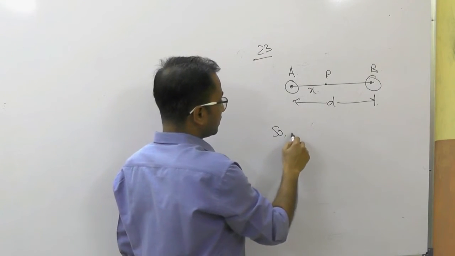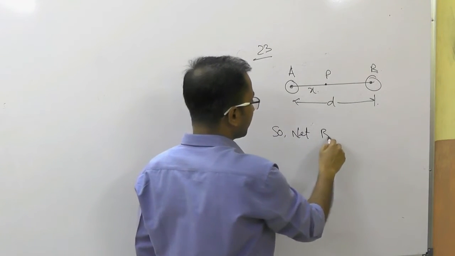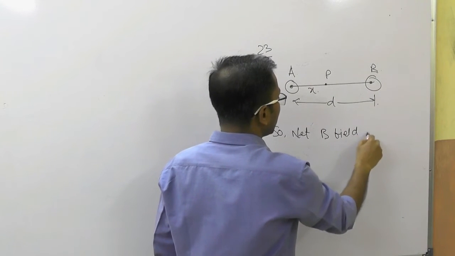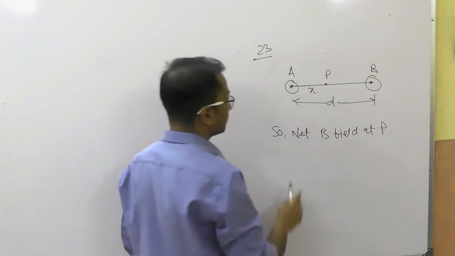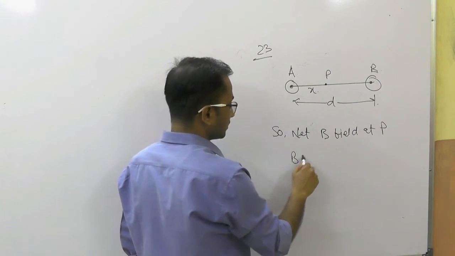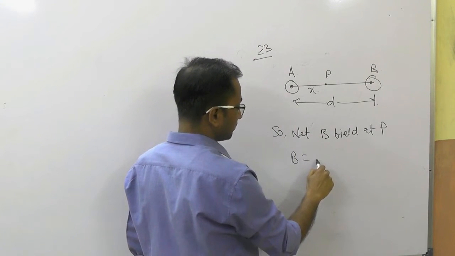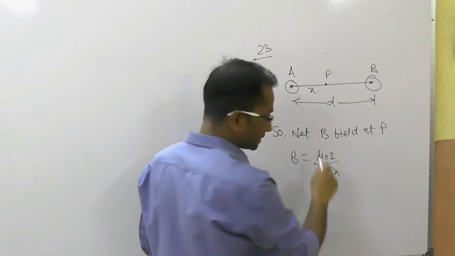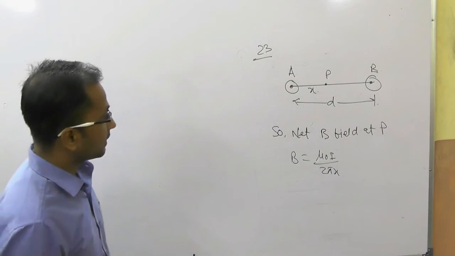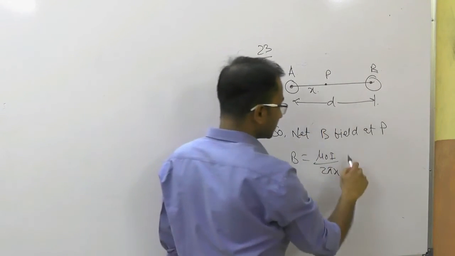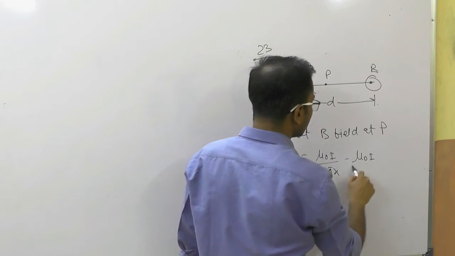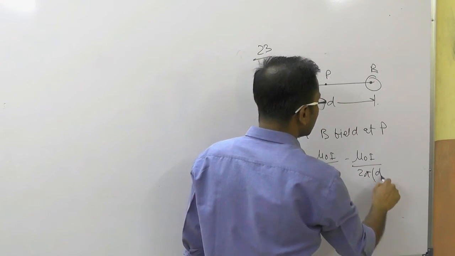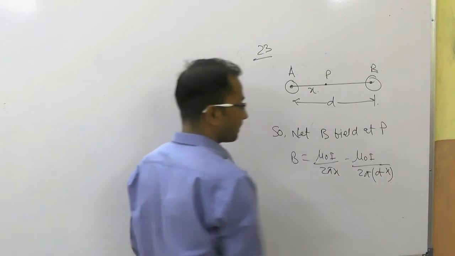So the net magnetic field at P because of this is mu naught I by 2 pi x. Since it is an infinite wire, because of this the magnetic field at this point will be mu naught I by 2 pi (d minus x).